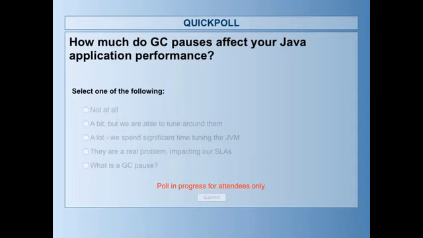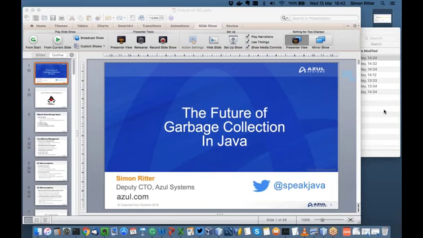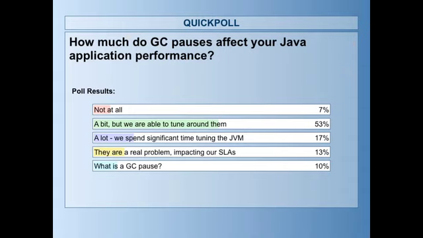Okay, so let's see. I'm going to close the poll now. Okay, most people have probably had a chance to respond by now, so let's close the poll and I'll just share the results of that. Okay, so it looks like most people are having a bit of a problem, but they're able to tune around it. But about a third of the people, because that's 30% of the people here, are having either significant tuning issues or actually impacting on their SLAs.